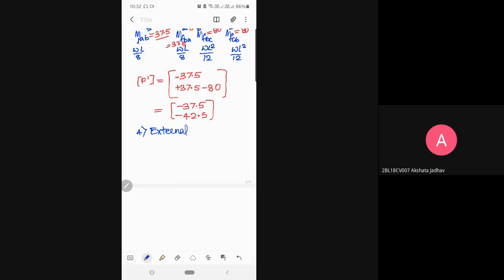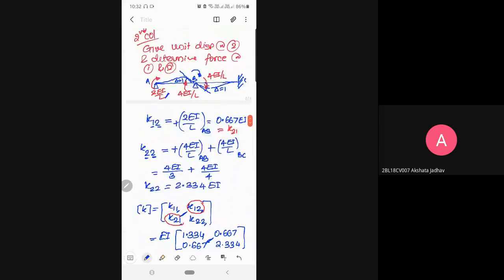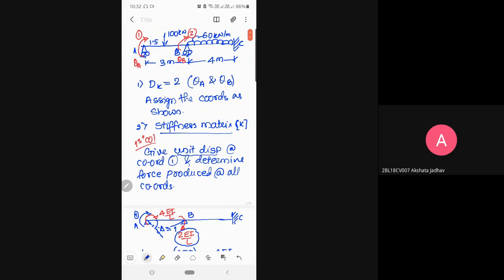External force matrix. This external force matrix is P. If the given beam has external forces along coordinate number 1 and coordinate number 2, the forces we have taken as rotations theta A and theta B, then the external force should be a couple at 1 and a couple at 2.